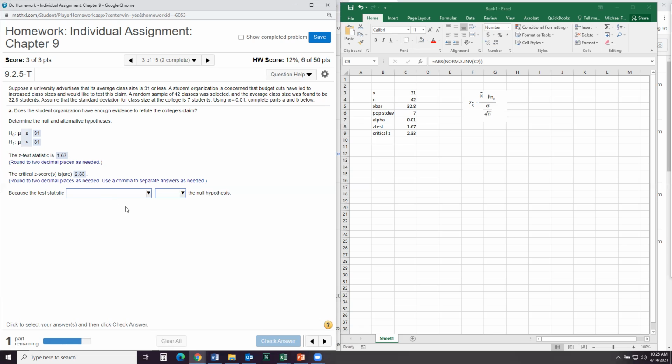It looks like it really has gone up. So because the Z-test statistic is less than the critical value, we do not reject. We don't really accept a null hypothesis, that's a good point. We just don't reject it. It means we don't have enough evidence to reject it.